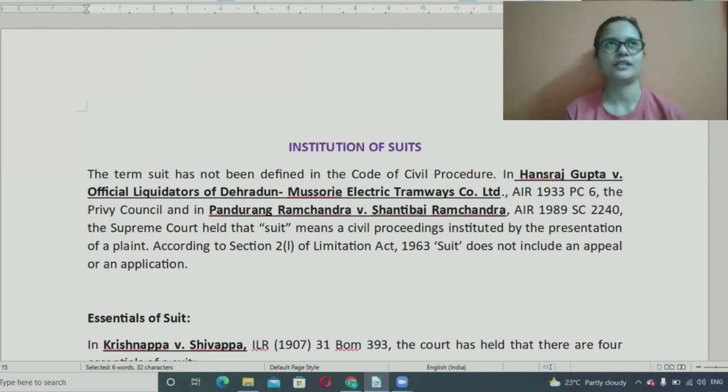Now, as we have already discussed, in CPC we have some sections which in general talk about what things are there. And then we have our orders or different rules, which provide for the actual process, how it will happen. With this example, you will be able to understand the difference between sections and the orders which we have.